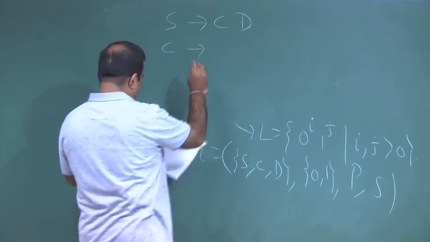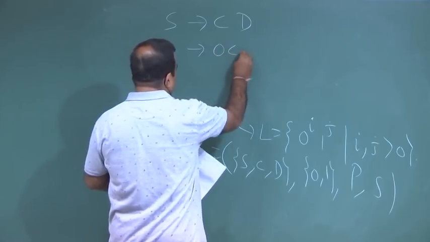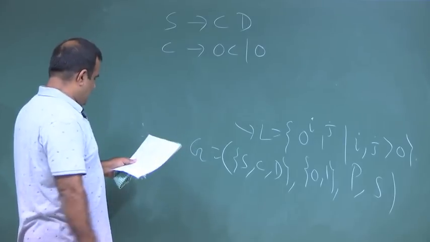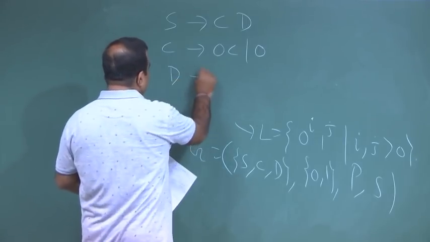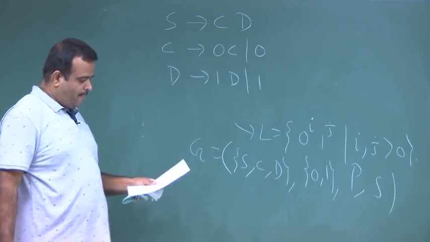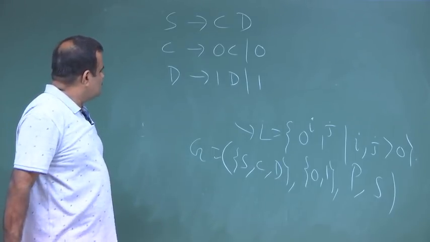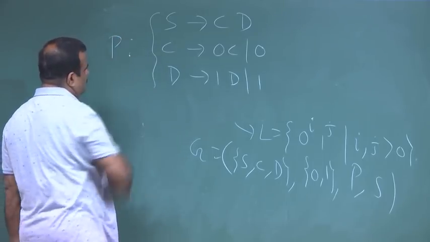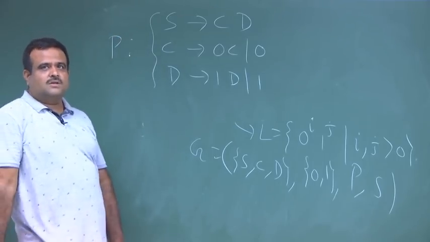Now, C is going to 0 C or 0, and D is going to 1 D or 1, that is all. So, this is our P, these are our productions.